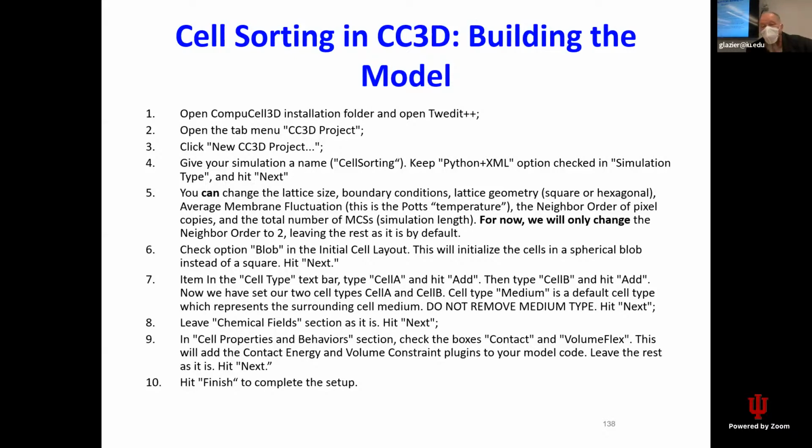Classically, we called them dark and light, but you could call them cell type A and B. You want contact energy, volume, no surface energy, just contact energy. You could use blob initializer instead of uniform initializer. Things will behave a little bit better in that very first screen. No chemical fields. Try that and see what happens. So when you've built that by itself and run it, tell me what happens. Give people a few minutes to try.